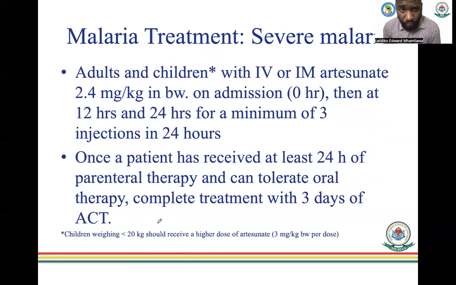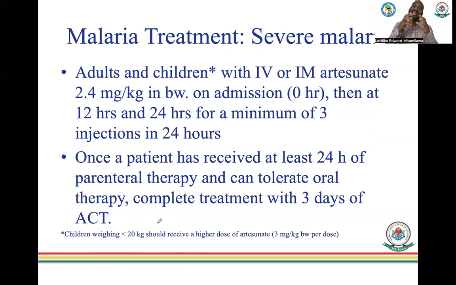And as a standard, adults and children receive intravenous or intramuscular artesunate, 2.5 milligrams per kilogram body weight on admission at 0 hours, then at 12 hours, and then at 24 hours, a minimum of 3 injections within 24 hours.